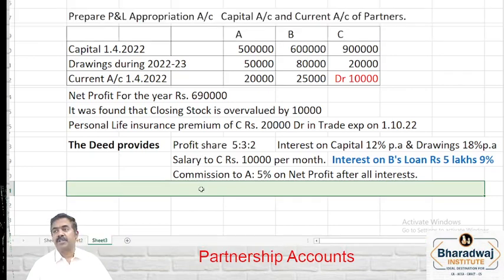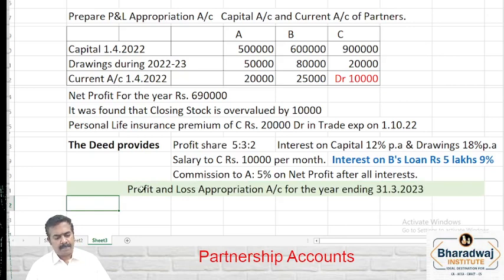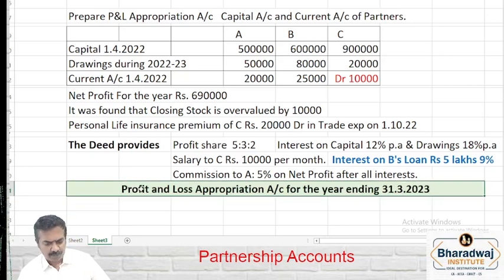First, we have to prepare which account? P&L appropriation account for the year ending 31st March 2023.